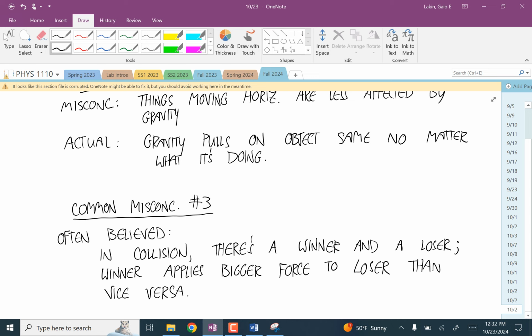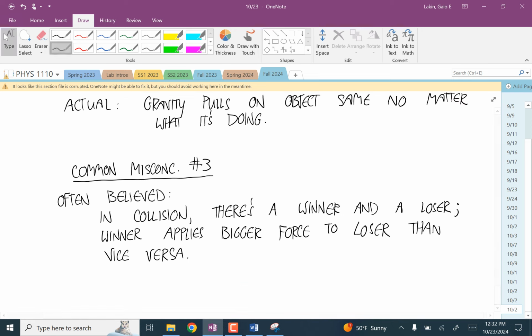I mean, if I hit this paper, the paper looks like it's a lot more affected than my hand is. So you think, oh, I must have applied a bigger force to that than it applied to me. No, what really happens is those force magnitudes are the same. It's just that this paper is more affected by whatever that force was than my hand is. And similarly, the golf cart is more affected by a 10,000 Newton force than the semi-truck is.